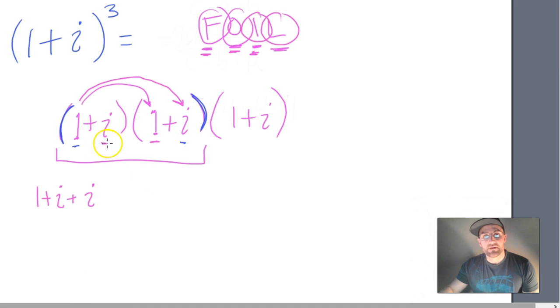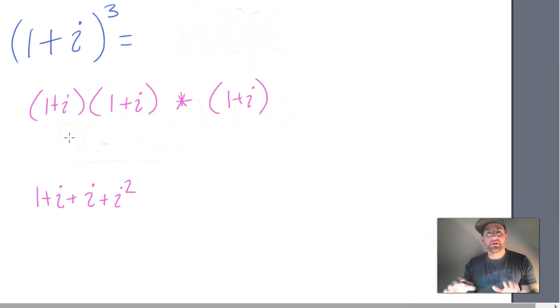We have the last one moving from left to right in this set of parentheses, i, multiplied against the last one moving from left to right in this set of parentheses, i. So i times i is i squared.